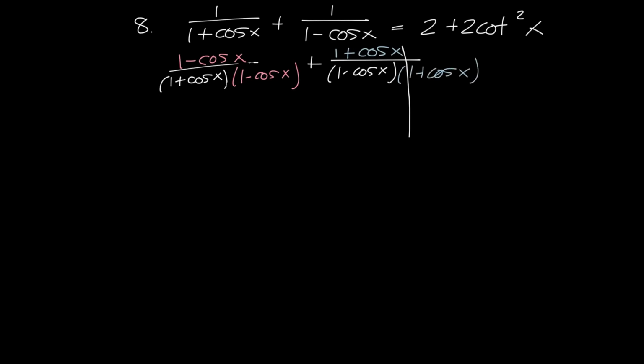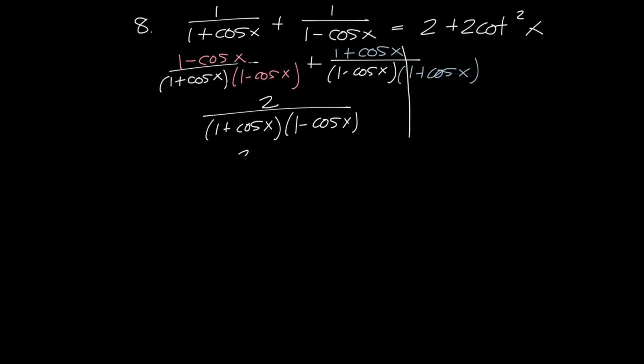Okay, so now I can combine it into one single fraction, and if I add across the numerator, I get 2. And the denominator is 1 plus cosine x times 1 minus cosine x, which will give you a difference of squares.